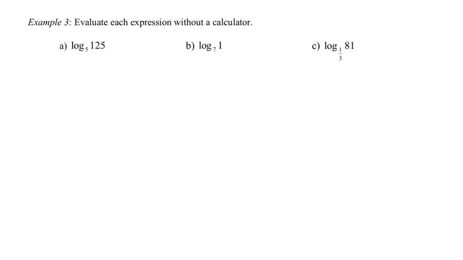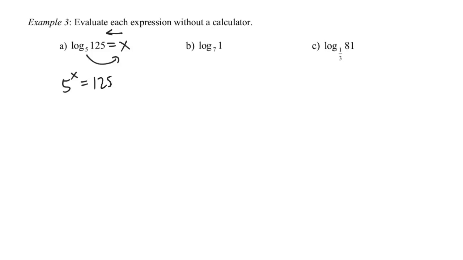And you may not know that right offhand. If you don't know that automatically, here's my suggestion: set this equal to x and put it in exponential notation. Using the log loop, I write this as 5 to the x is equal to 125. Then work on getting both sides into the same base.